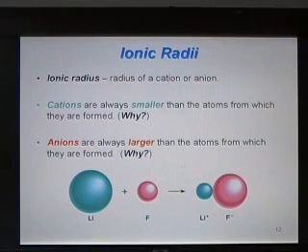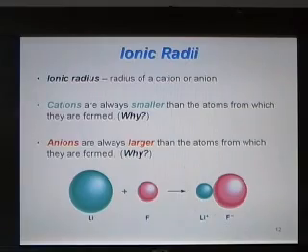Cations are always smaller because you remove an electron. The effective nuclear charge increases a little bit because you have one less electron to pull on with the nucleus.